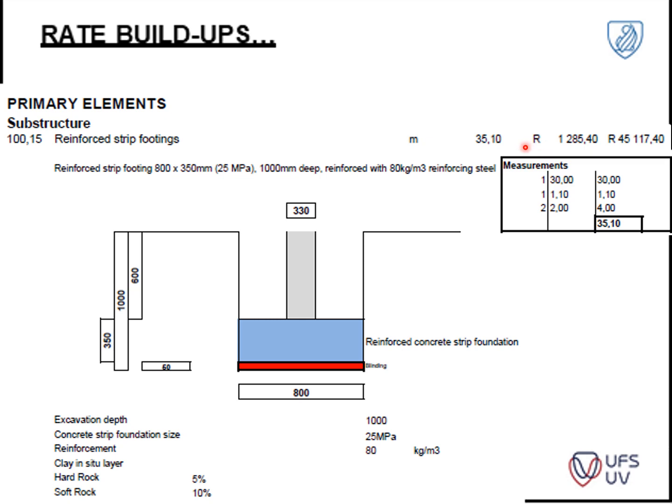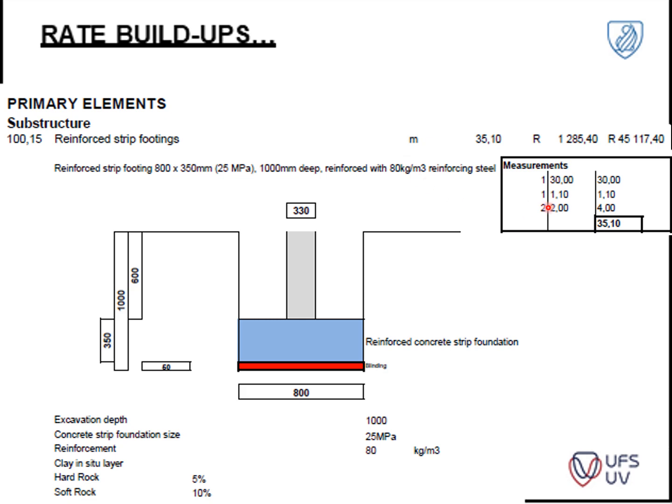But it's not that simple, because if you use the rates that you build up, you have a lot of items: your excavations, your concrete, your blinding, your rip and compact, your brickwork, your backfill, etc., which is not given in a meter unit usually when you are measuring or when you retrieve the information. The main thing is to be able to retrieve that information so that you can then convert it into the relevant unit.